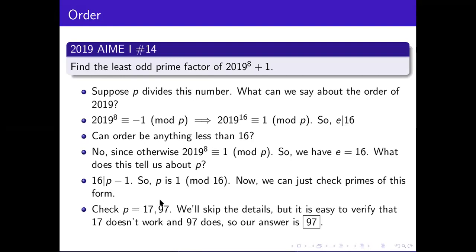The details are rather uninstructive, but you can consider it mod 17 and simplify, and you'll get 2019 to the 8 to be 1 mod 17, but -1 mod 97. This was a very easy number 14 if you knew about orders. Are there any questions, or can we move on?